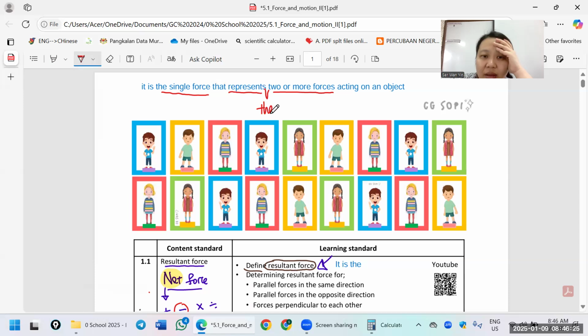Represents the. Yeah, very good, the vector sum. What is the meaning of vector sum?